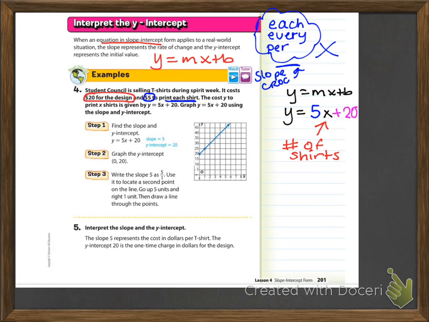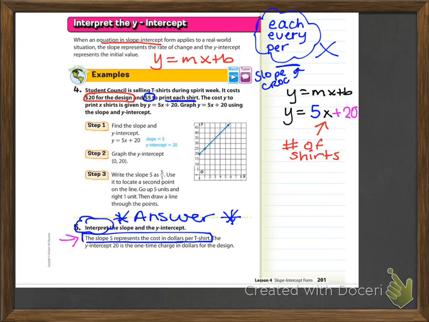Now this last part, it says the slope represents, you do need to understand this, the slope 5 represents the cost in dollars per t-shirt. You need to be able to interpret. So this is your answer for the interpret part. Make sure that you put a big star right here because this is the part that nobody does very well. So interpret is the slope 5 represents the cost in dollars per t-shirt.